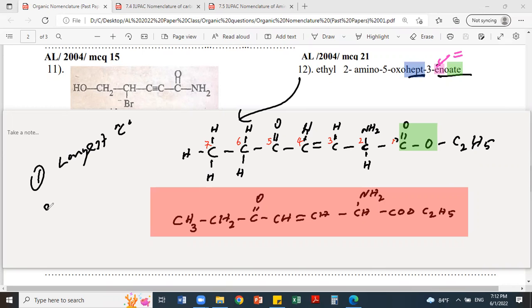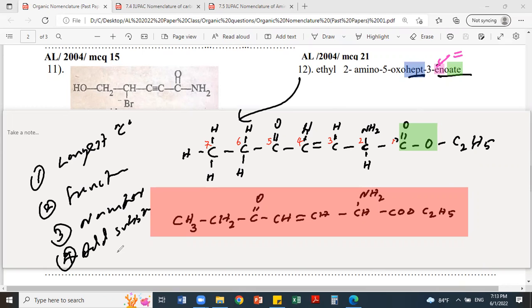After that, put the functional group and the numbering. After numbering, add substituent groups. After adding the substituent groups, you have to add hydrogen to make 4 bonds around each carbon.